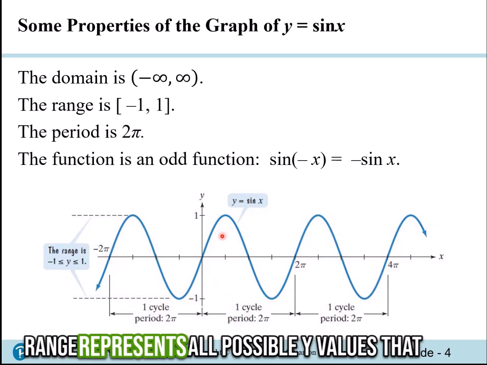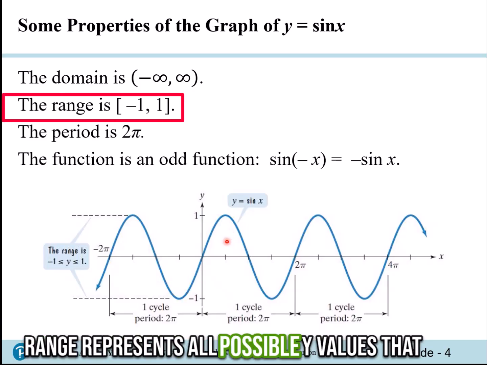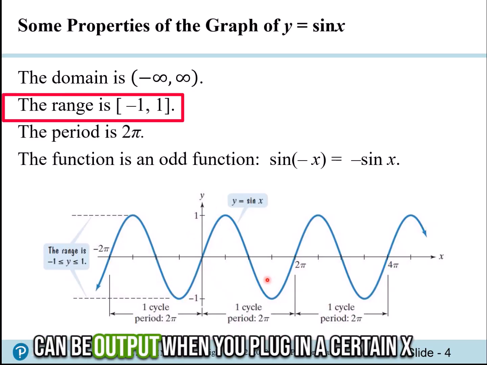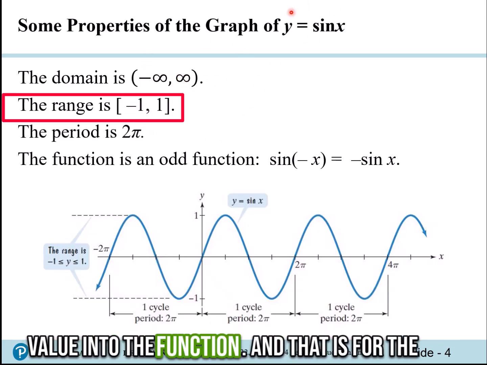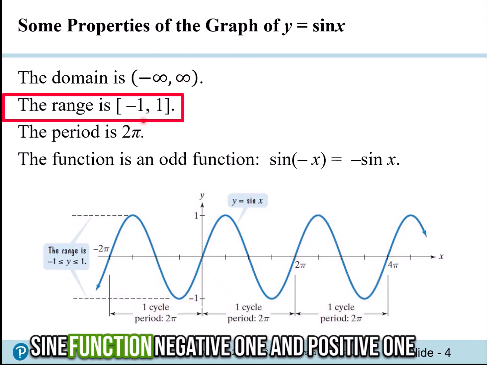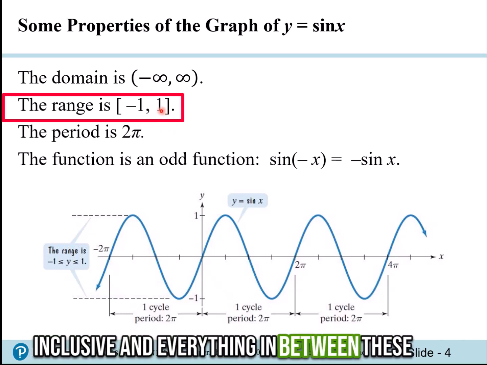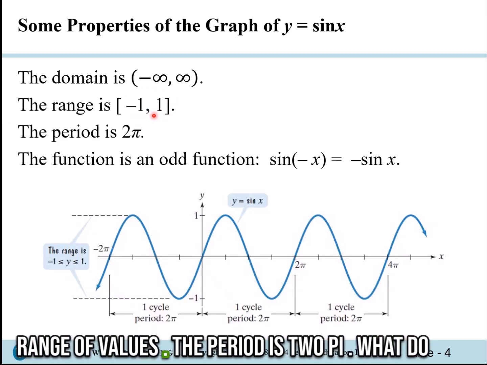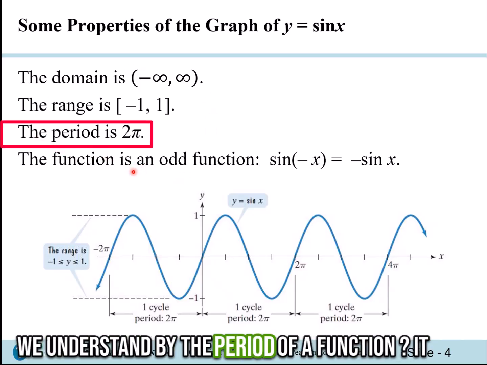So the range represents all possible y values that can be output when you plug in a certain x value into the function. And that is, for the sine function, negative 1 and positive 1 inclusive, and everything in between these range of values. The period is 2 pi. What do we understand by the period of a function?